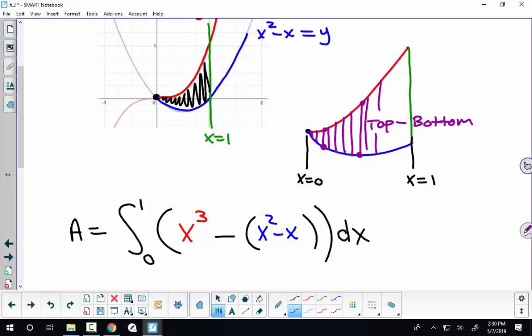In other words, for all of those rectangles that fill up that region, is the top function always x cubed and the bottom function always x squared minus x? Yeah. From start to finish, it's always x cubed minus x squared minus x.